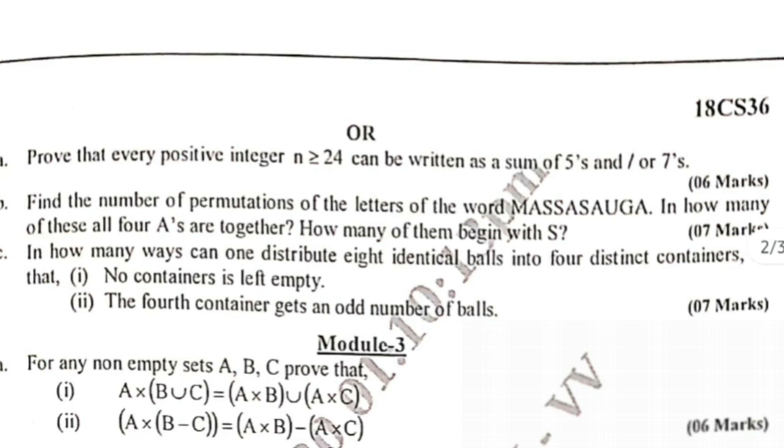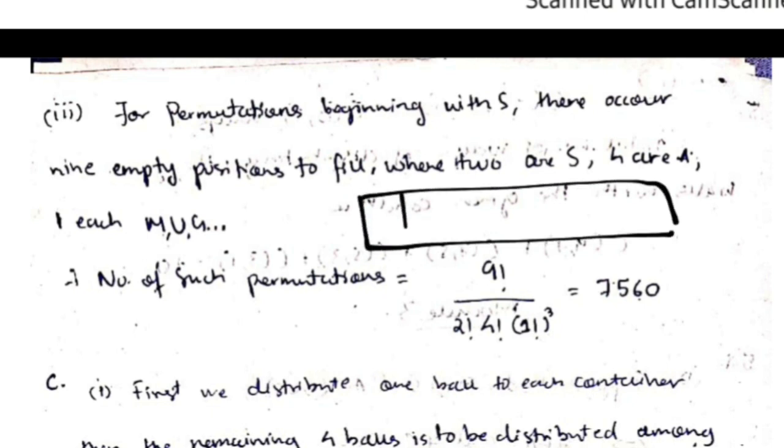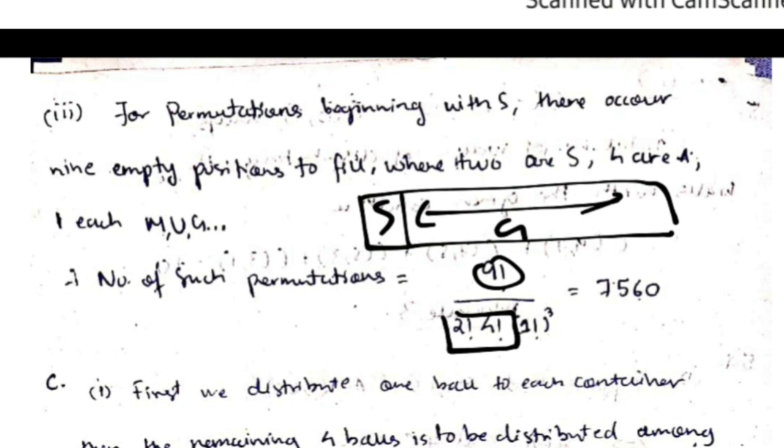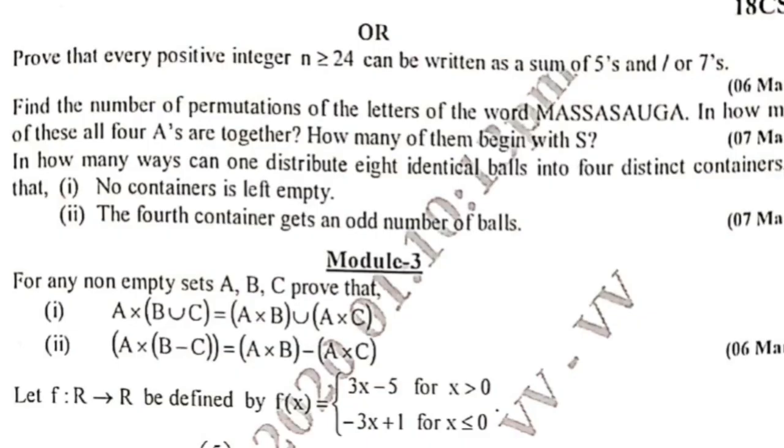Then the last question is, how many of them begin with S? Firstly there are 10 letters in total. If they begin with S, then the remaining letters are 9, right? So 9 factorial divided by the factorials of the repeated letters. That gives the final answer.